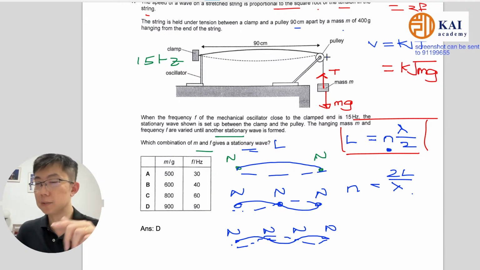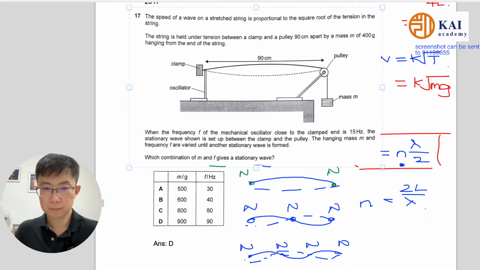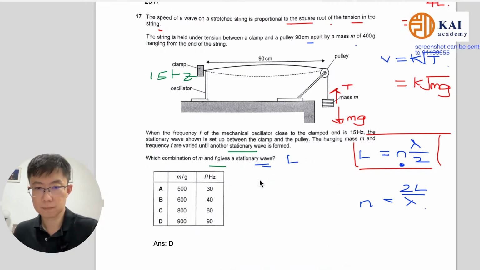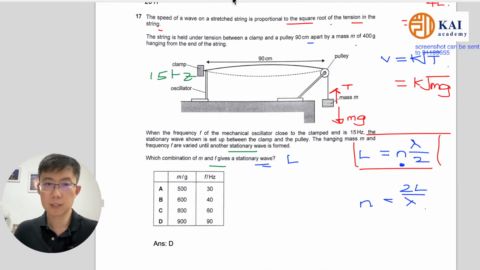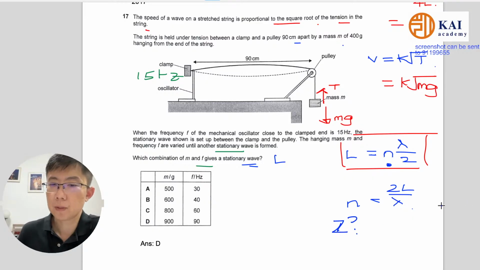Okay, so I need to clear the screen a little bit. So this is the general relationship. I want to check whether n is an integer value or not. But I need to solve for a few more variables, because this is L, this is wavelength.